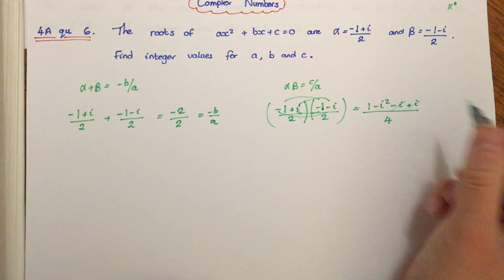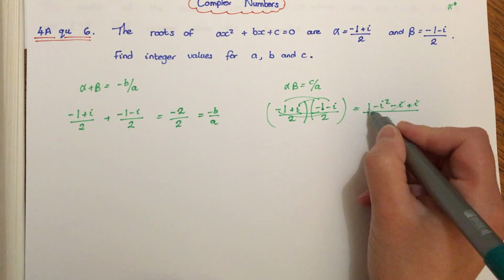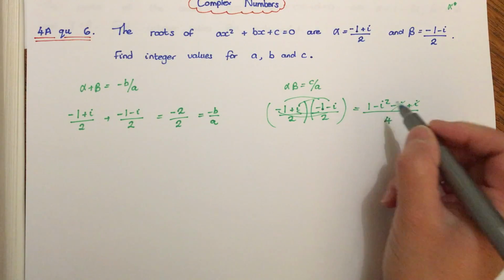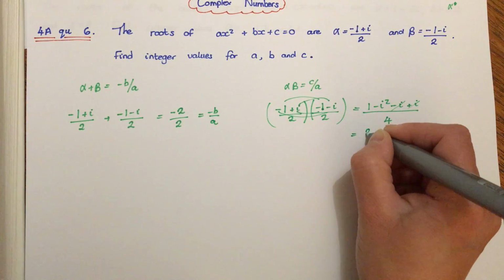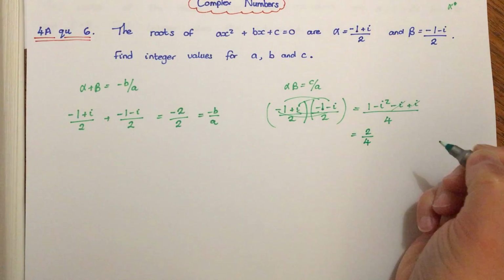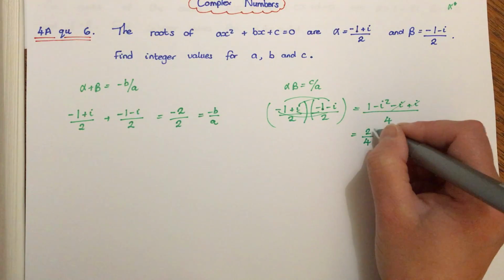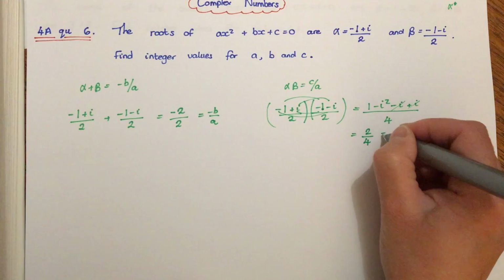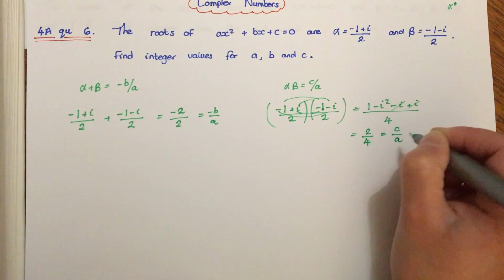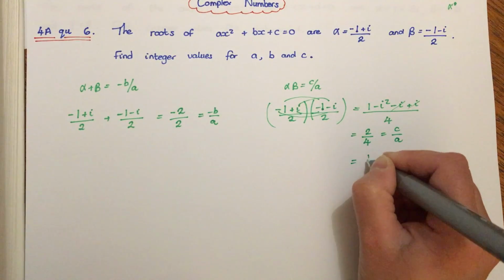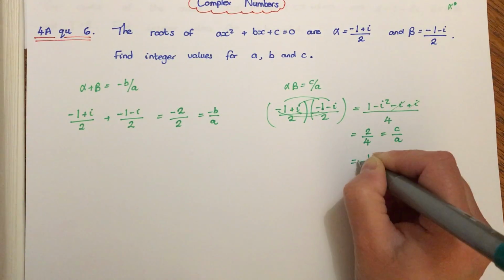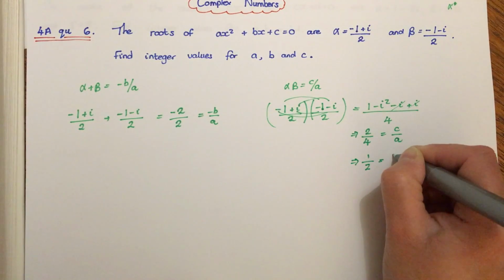So those two are gone. i squared is negative 1, so 1 minus negative 1 is 2. So that's 2 over 4, which is c over a. And I am going to cancel this one down, so I've got a half is c over a.